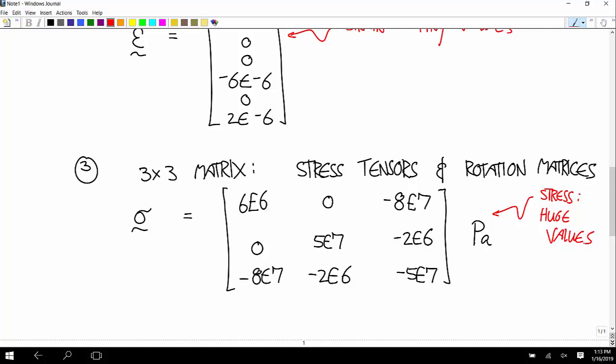And so when we talk about stress, we're going to have big values. When we talk about strain, we're going to have small values. If you ever get those flipped, most likely you used the inverse of a matrix or something went wrong, okay?